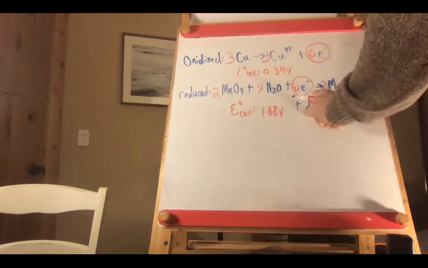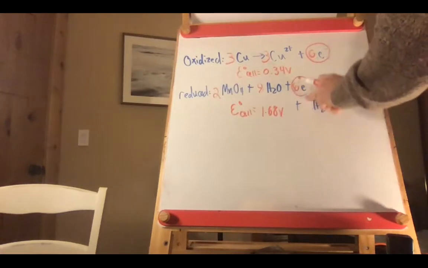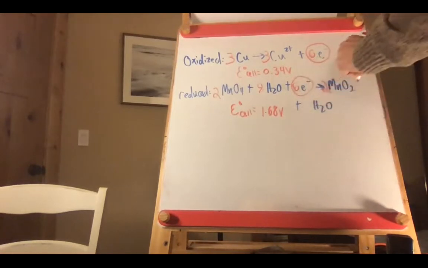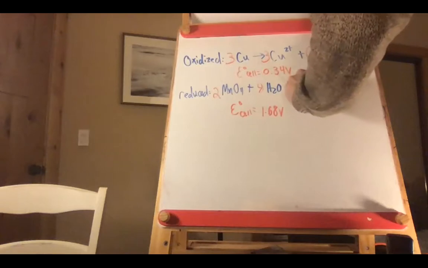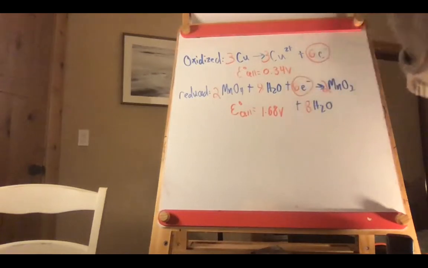Oh, and then don't forget this guy. 4 times 2 is 8. Okay, that's nice. Was that right? Was that a 2 or was that a 4? That's a 2.